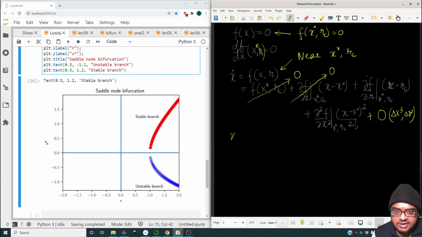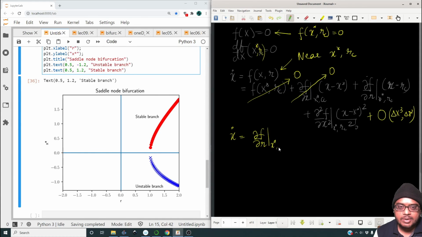And essentially x dot eventually boils down to del f del r at x star comma rc times r minus rc, plus del 2f del x2 times 1 by 2 factorial times x minus x star whole square.